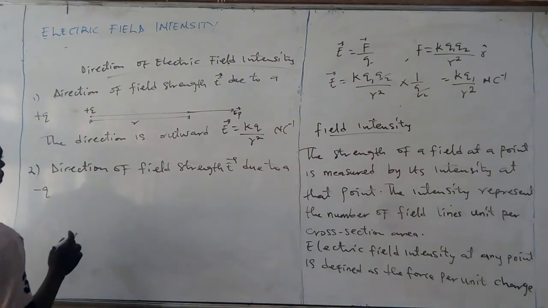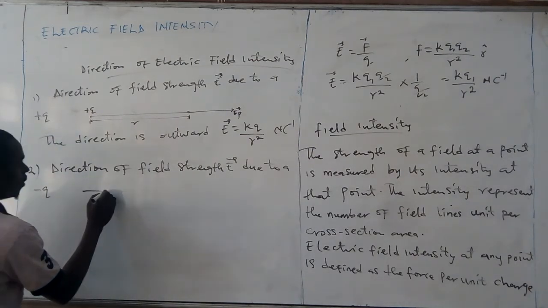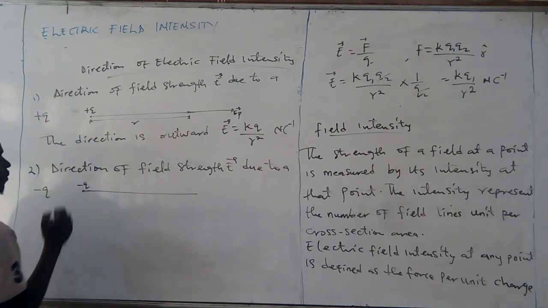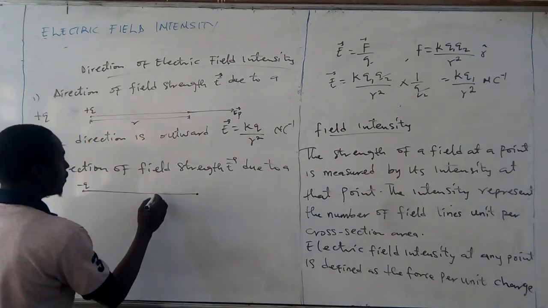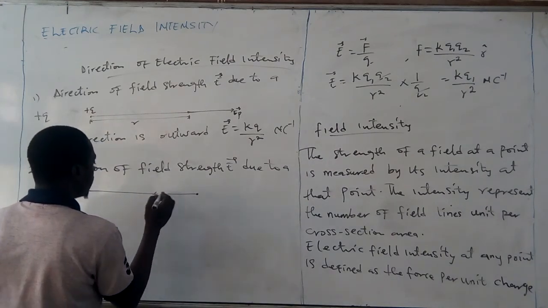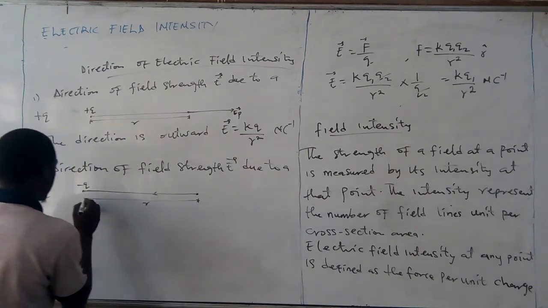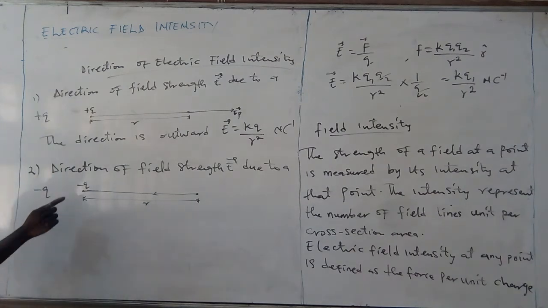Now, for this one, if we have a positive charge like this, let's say we have our line. Here we have a negative charge, and they are separated by distance r. What will the electric field intensity be?